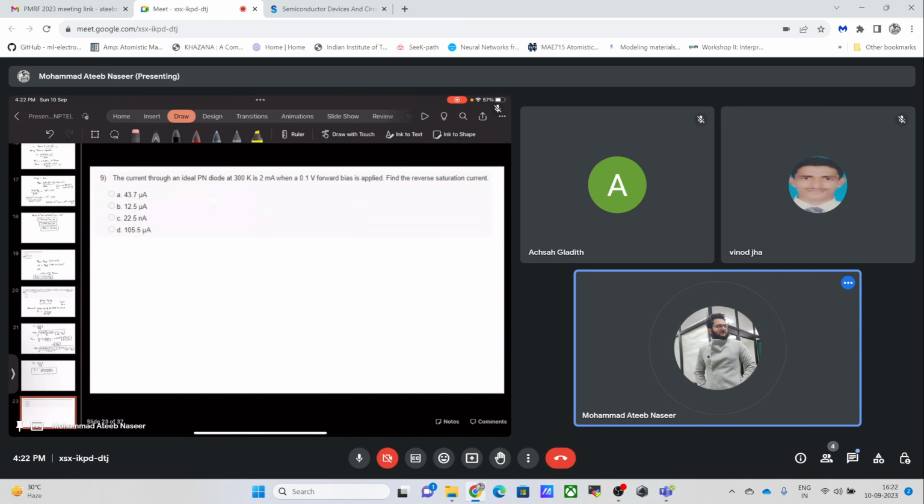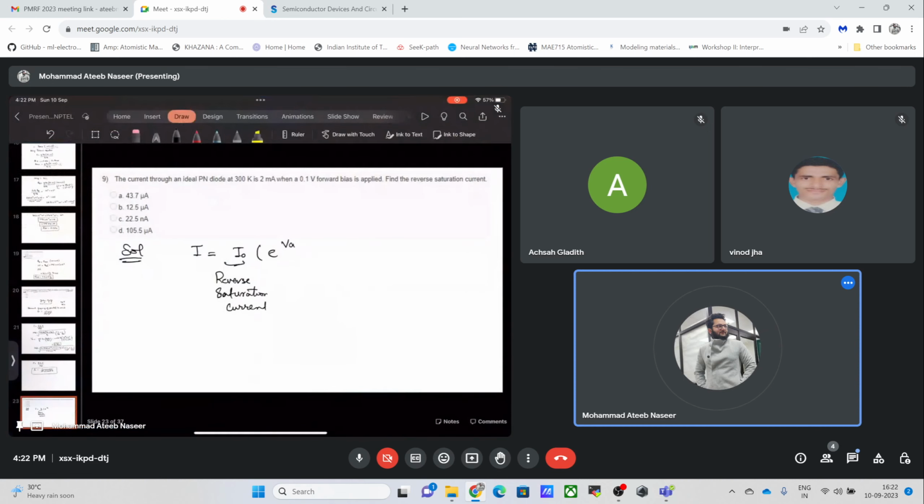So you must have seen the current for an ideal PN junction diode is given by I naught, where I naught is the reverse saturation current, times exponential of VA by VTH minus 1.